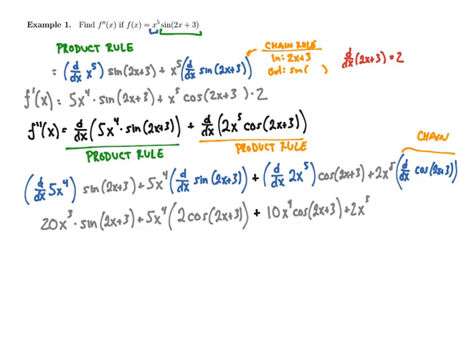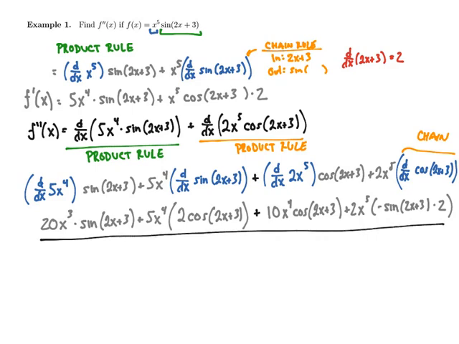In a very similar way we did the previous chain rule, we're going to take the derivative of the outside function, cosine, which is going to be a negative sine. We're going to leave the inside alone, 2x plus 3, and multiply by the derivative of the inside, that 2. And there is our answer, a long, complicated derivative.